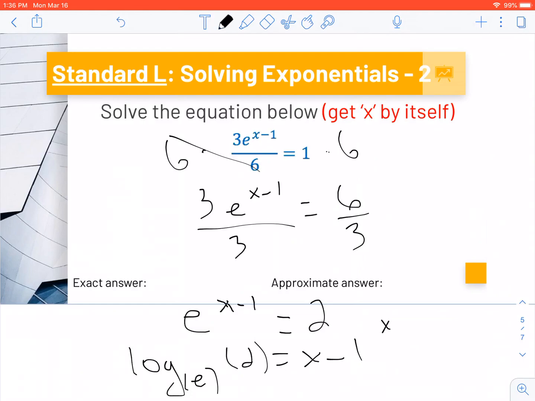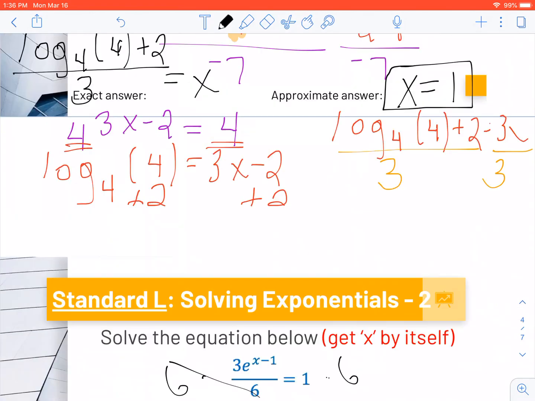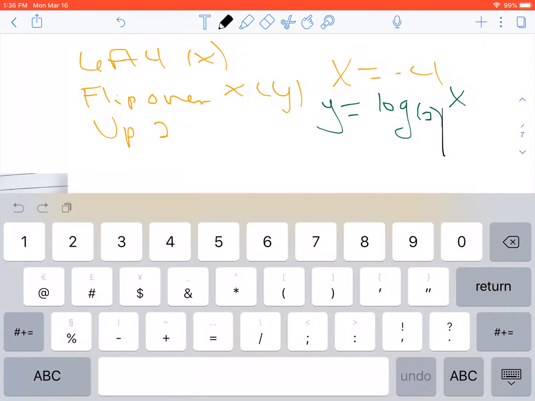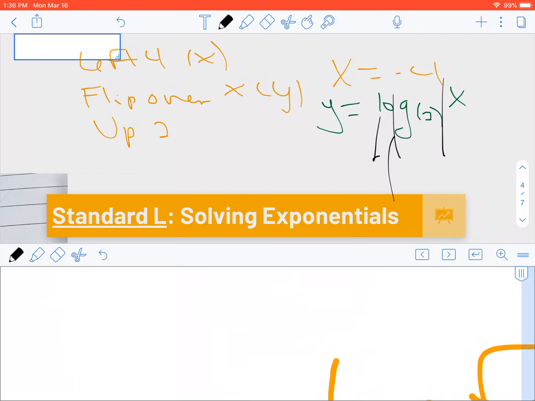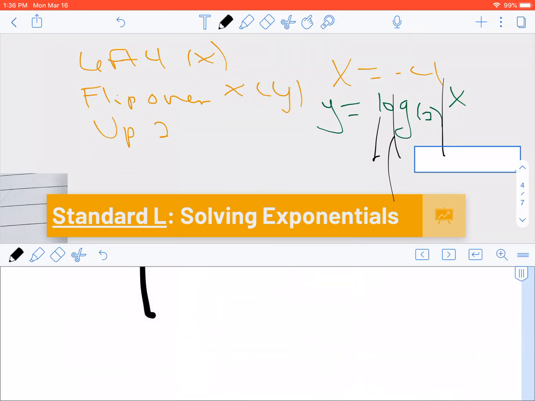So our exact answer is x equals log base e of 2 plus 1. Oh! We ran out of room. Hold on. Technical difficulties.